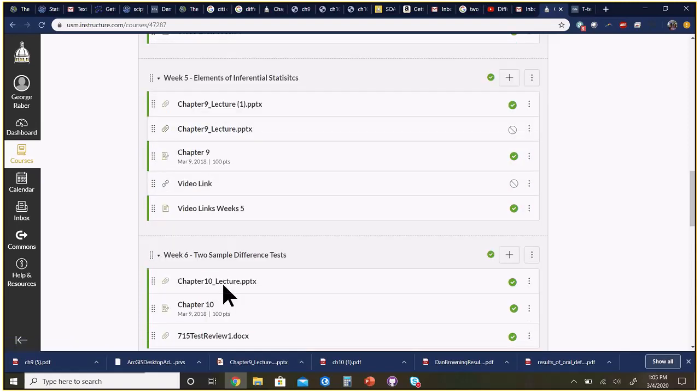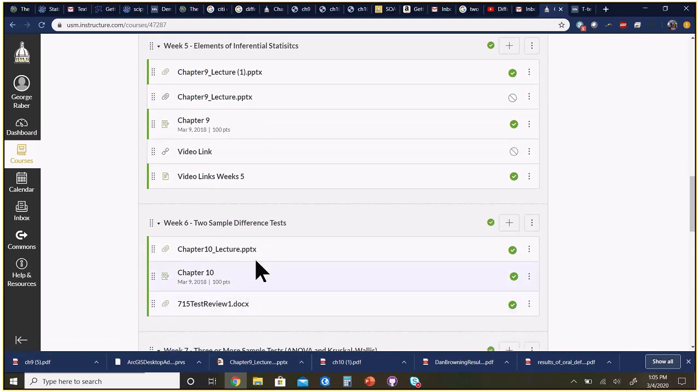And then the second thing that I want to do is do this lecture 10. And the third thing that I want to do is review for the test that's next week. And remember that it's open book, and I want to answer any questions that people have regarding it.